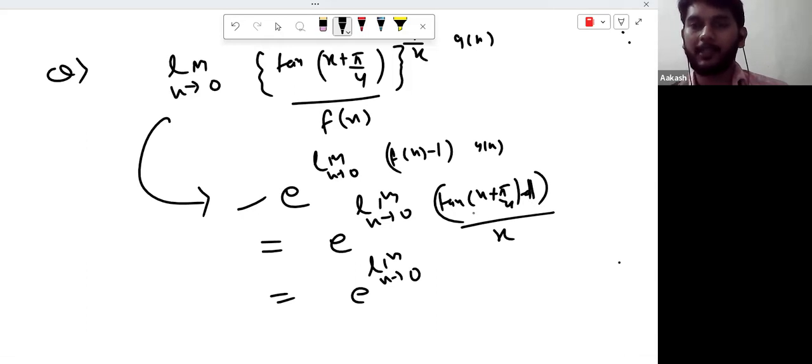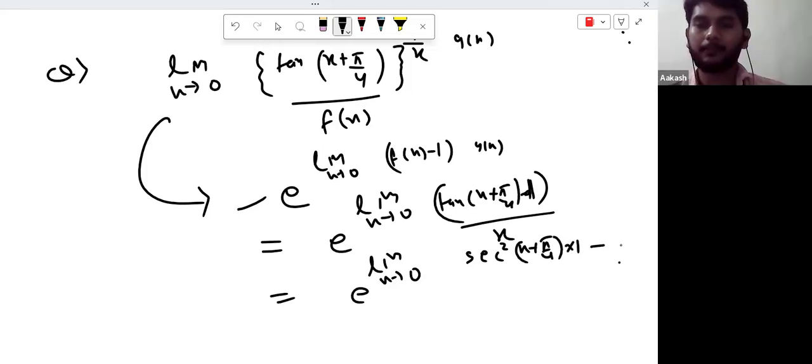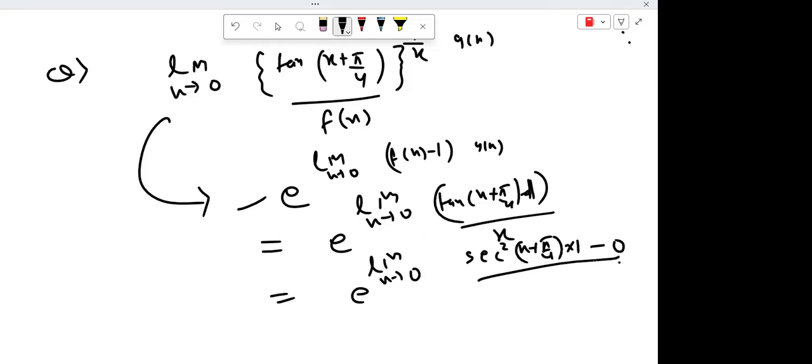What is the differentiation of tan of (x plus pi by 4)? It is sec squared of (x plus pi by 4) into 1, and minus 0, upon 1.